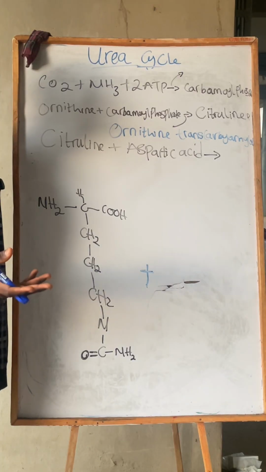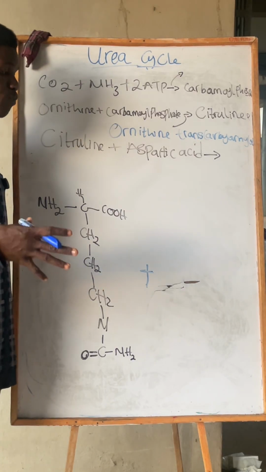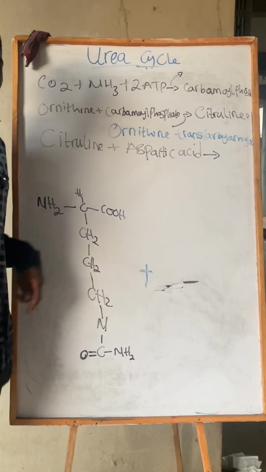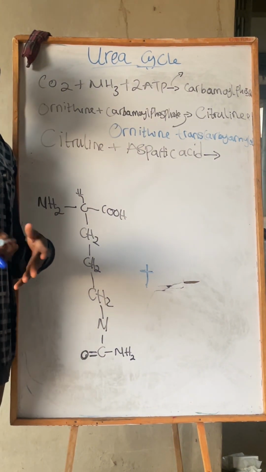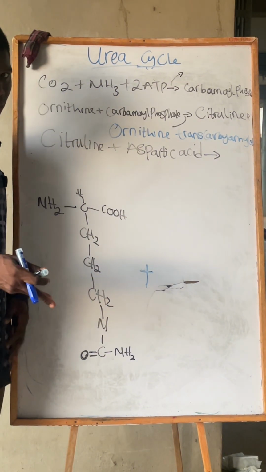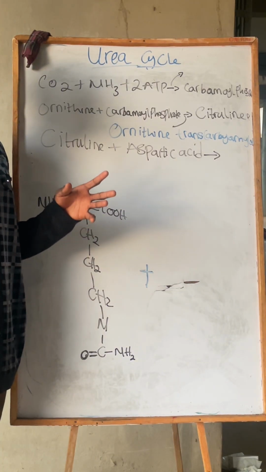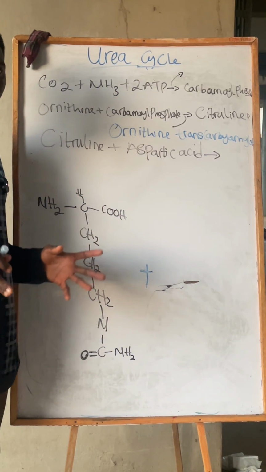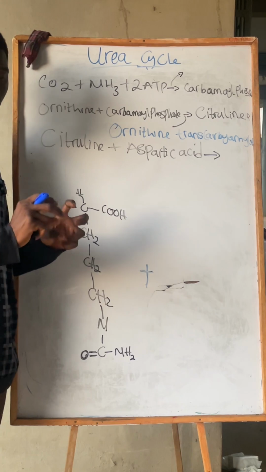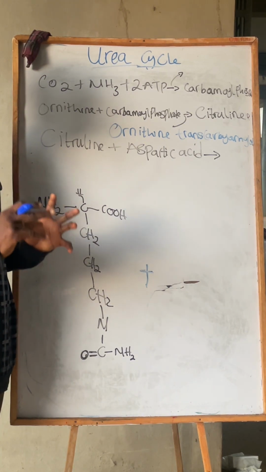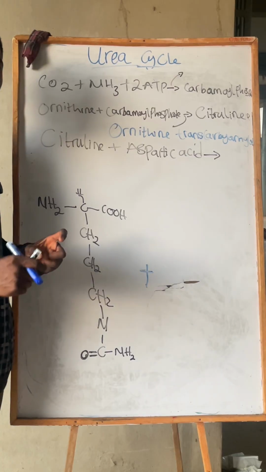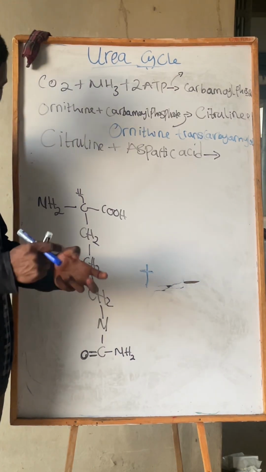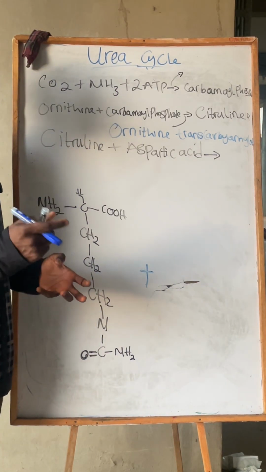So how do we draw the structure of our aspartic acid? You draw it basically by drawing the structure of your alanine first. We said in all the amino acids apart from glycine, for you to get their structure, the first thing you need to do is the structure of alanine. Now because this guy is an acid, after the structure of alanine, you then add the acidic functional group.